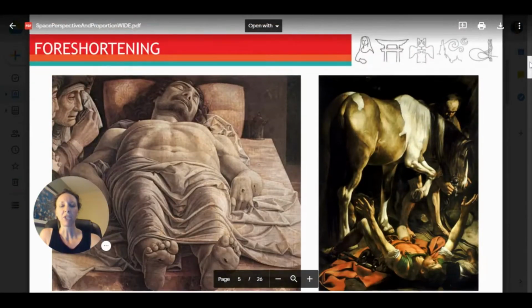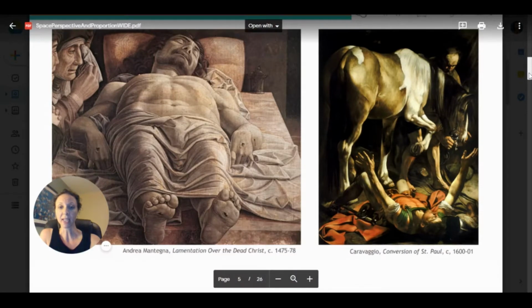Here we see some images that show foreshortening. Now, depending on when the artwork was created depends on the success of the foreshortening. Foreshortening is when, you're kind of like this image of Christ laying here. It says, Lamentation over the Dead Christ. Obviously, the viewer, we are closest to Christ's feet, and his head is furthest from us.